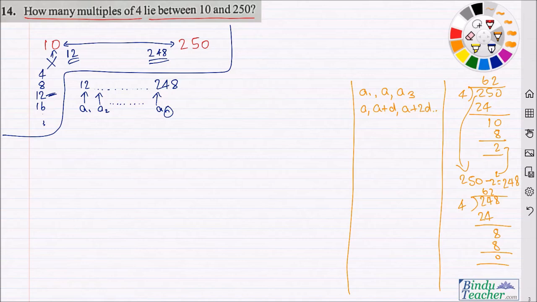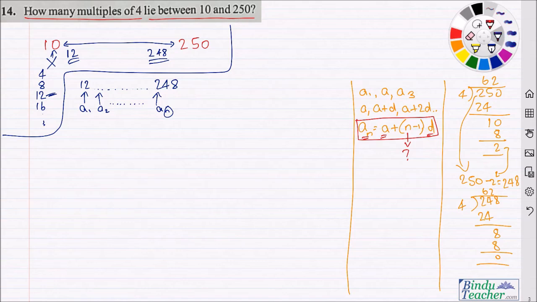Also, the nth term can be found by using the formula A of n equals A plus n minus 1 into D. So if you look at the last formula, we already have the value of A of n. We have the value of A. n is something that we have to find out. D also we know what the value is.